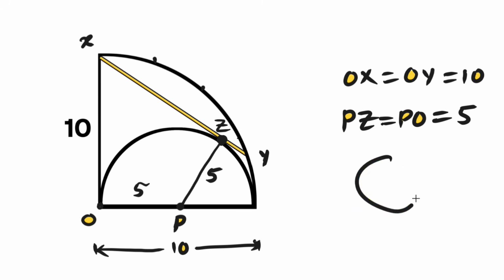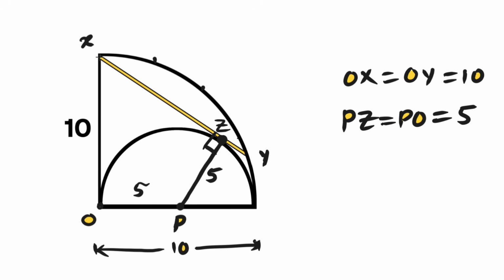The radius drawn from the center of a circle to a point of tangency is always perpendicular to the tangent line. Since XY is tangent to the smaller semicircle at Z, the radius PZ must be perpendicular to XY. Therefore, the angle between PZ and XZ is 90 degrees. That gives us a right angle that we will use later.